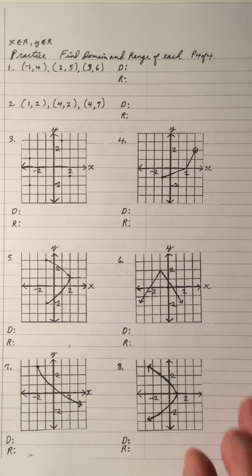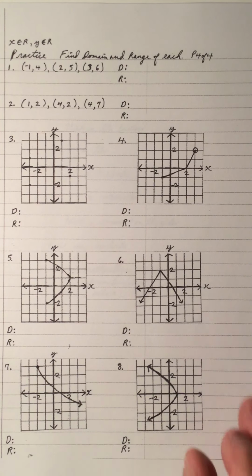Number 4, we want the domain for this set. So the x's in this set go from -2 on over to a 3.